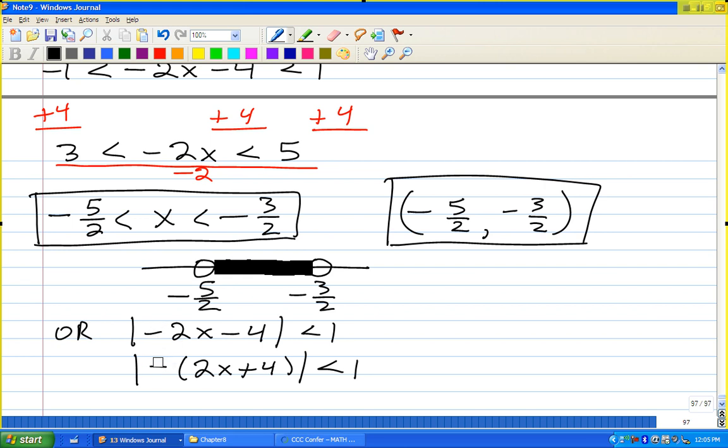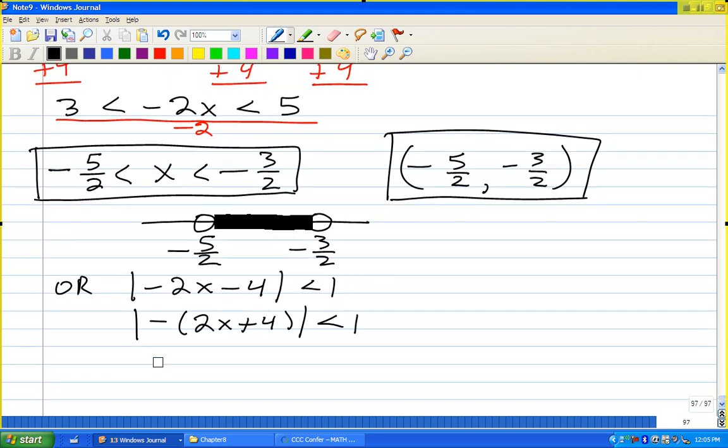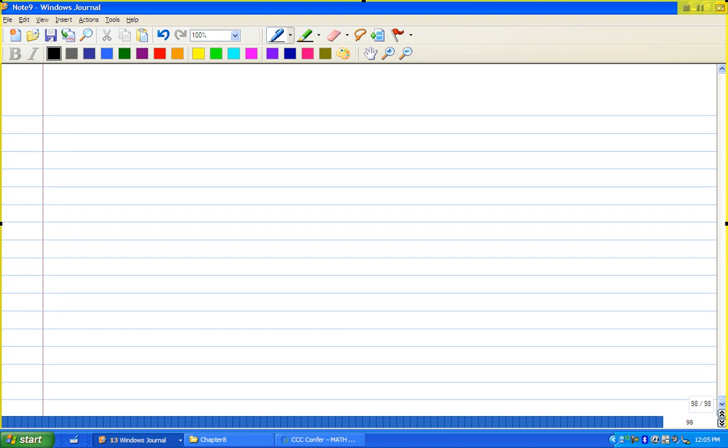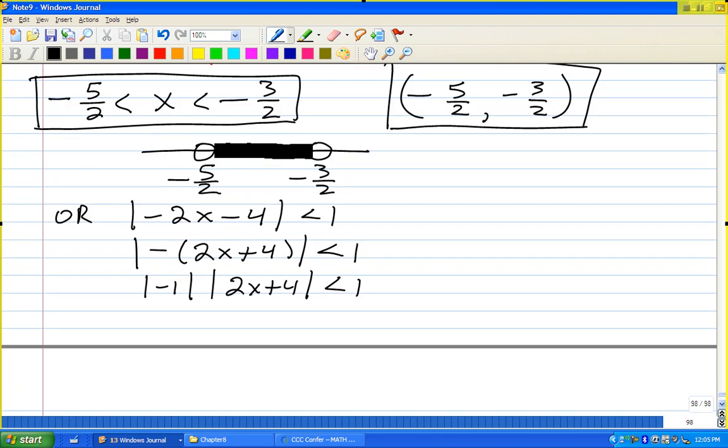But the absolute value of a product is just the product of the absolute values. So this is the same as the absolute value of -1 times the absolute value of 2x plus 4 is less than 1. But the absolute value of -1 is 1. And so this is just the absolute value of 2x plus 4 is less than 1.